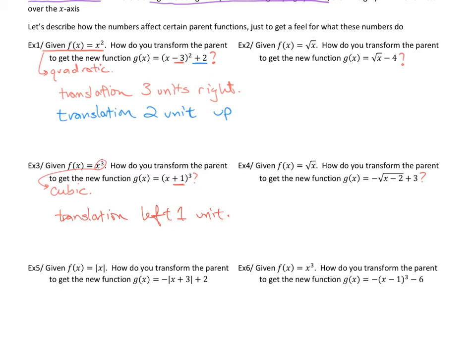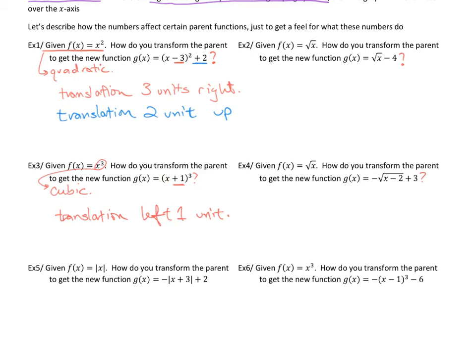You may have noticed that I worded this one a little bit differently than this one, and that is totally fine. You're allowed to say this one way or the other, as long as you're giving me translation, how many units, and which direction. So translation left 1 unit. Perfect. And again, remember, since this is in parentheses with x, this is doing the opposite. So you think it's positive, hey, it's going to go right. Nope, it's in there with x. It's going to do the opposite, it is going left.